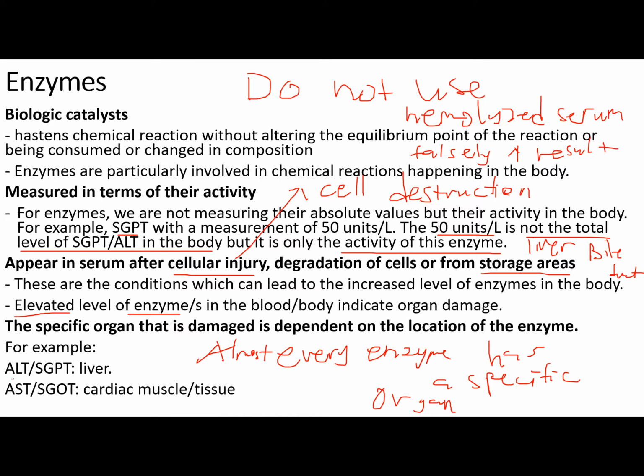Let's say class your ALT or your SGPT, if it's elevated, if your ALT is increased, most likely there's a problem in the liver. Well, if your AST or SGOT is increased, more likely class there's a cardiac muscle or tissue injury. So take note of that.